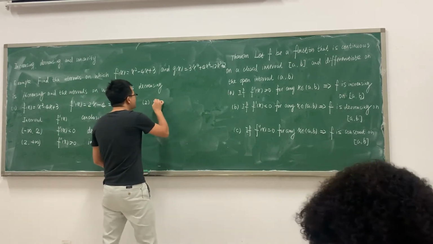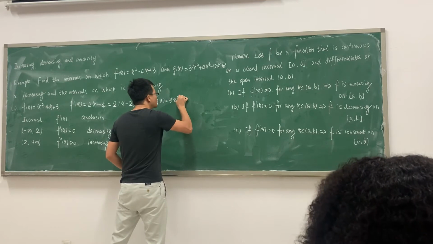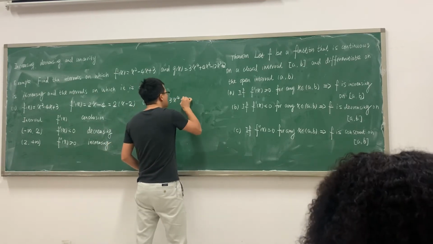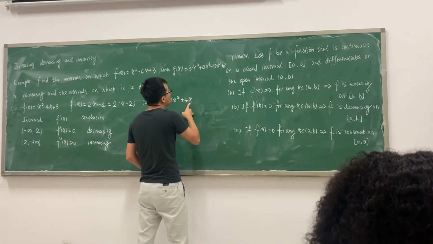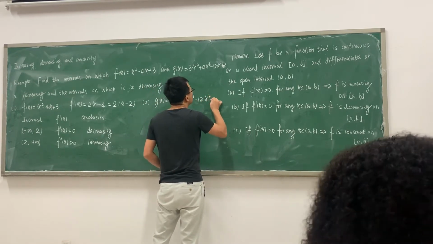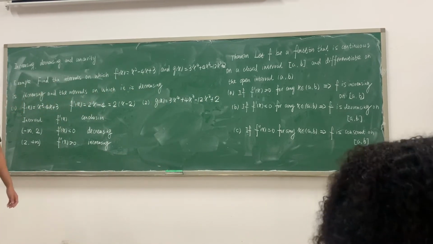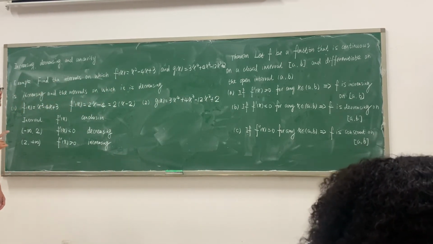g(x) equals 3x to the fourth power plus 4x cubed minus 12x squared plus 2. So the first step you need to find the derivative.